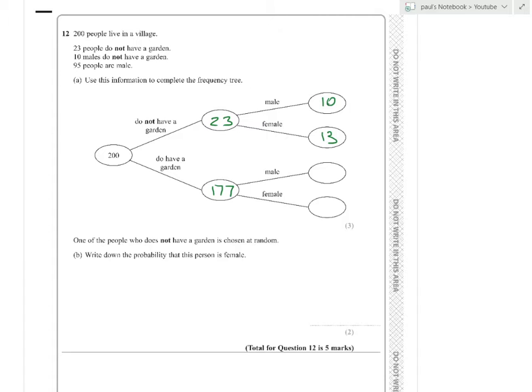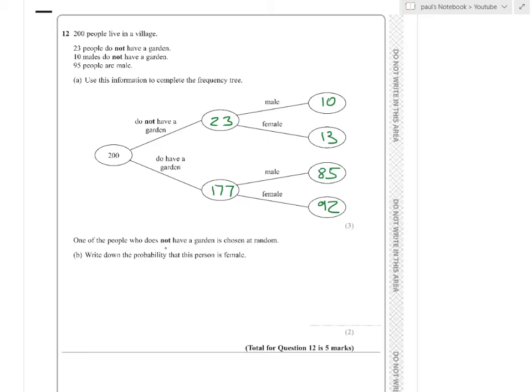So we've got 10 males there, so we must have 85 males there, using a complete frequency. So if we have 85 males who do have a garden, then the rest are females. So it's 177 take away 85, which is 92.